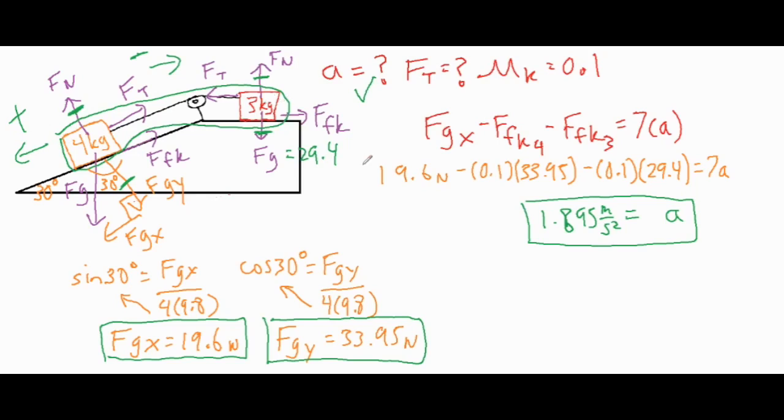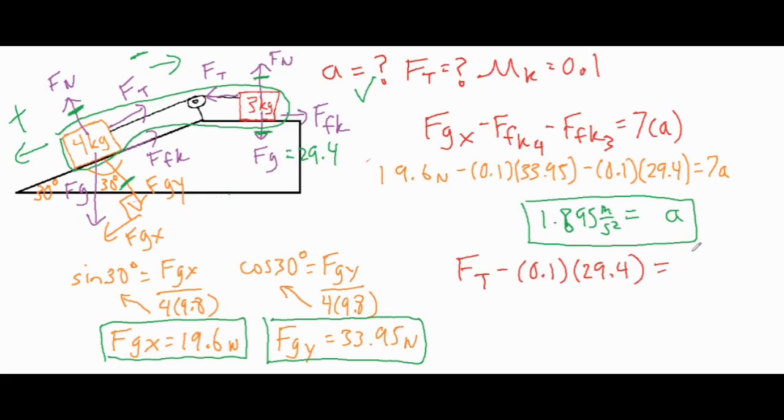So for the 3 kilogram, we have the FT driving it. So that is our positive minus the frictional force, which is again 0.1 times the 29.4, because our 29.4 is our Fg, which is equal to our Fn.